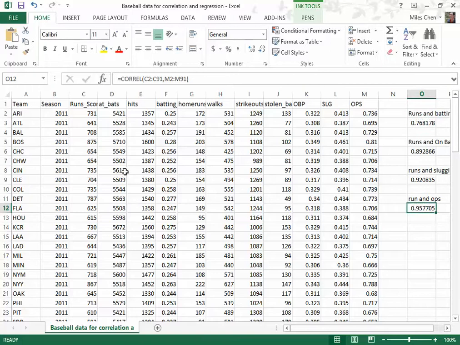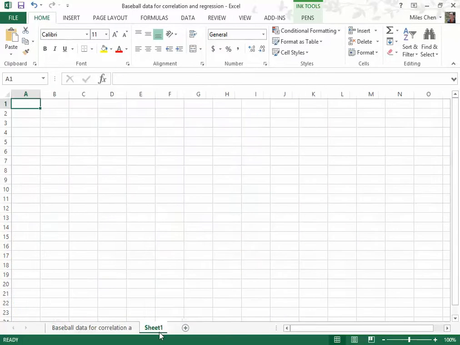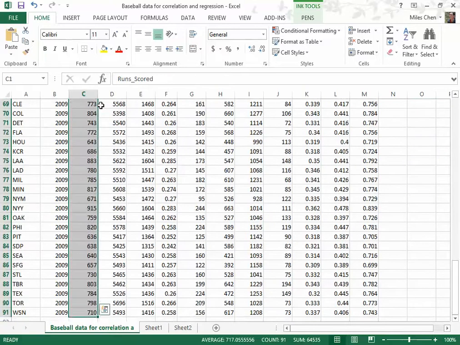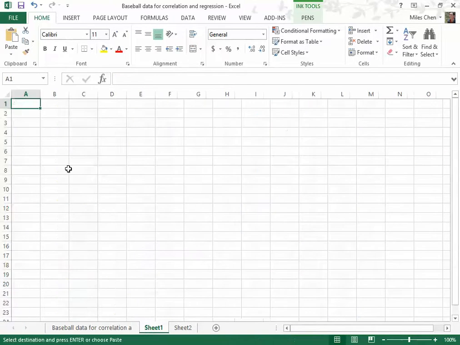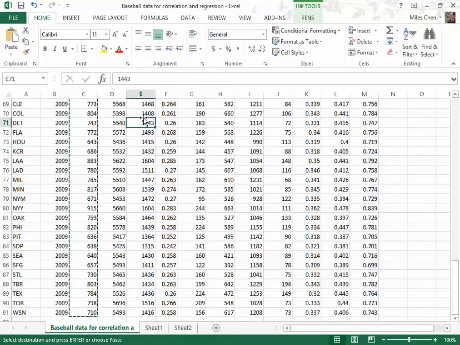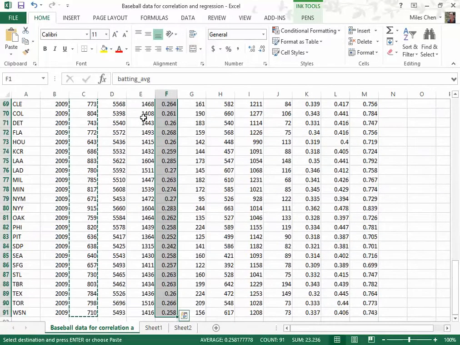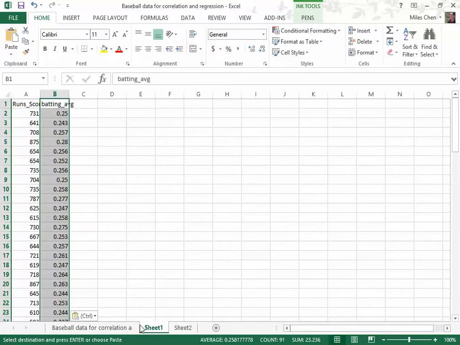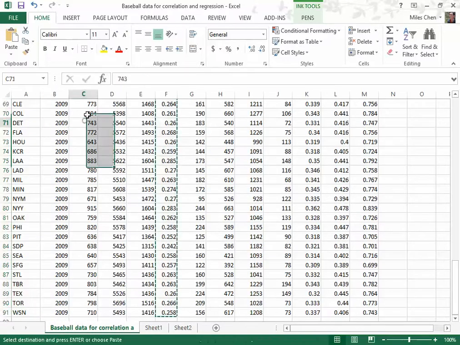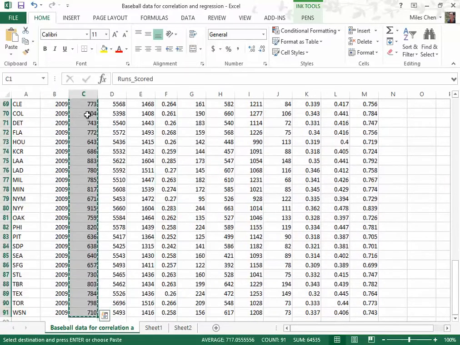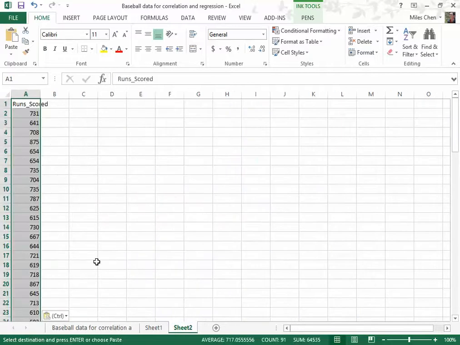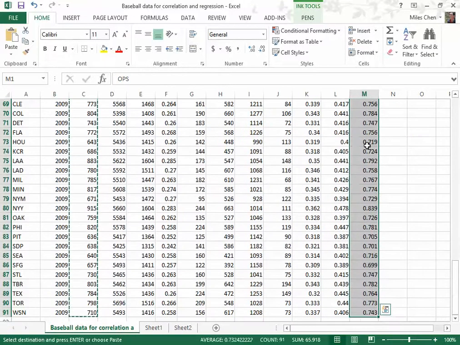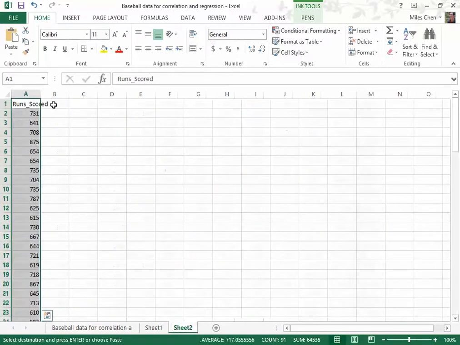I'm going to create two plots here, runs scored and batting average, with lots of data points.